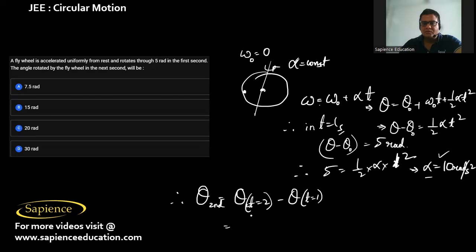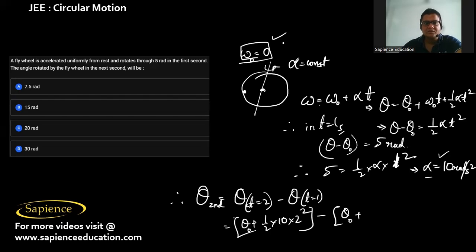So this will be equal to theta naught plus half into alpha into t square, 2 square, minus theta naught plus half alpha into 1 square, since omega naught is 0, as it starts from rest.